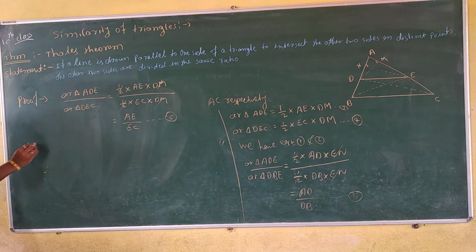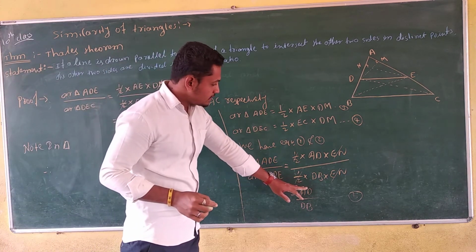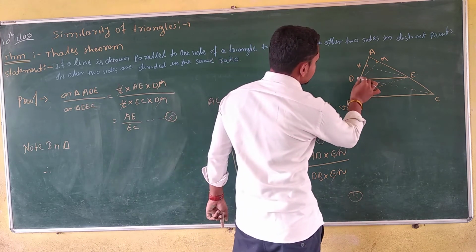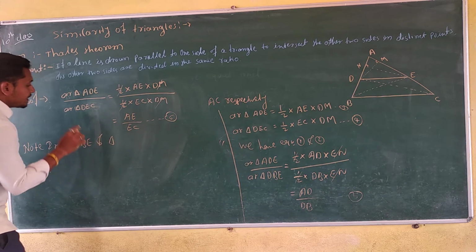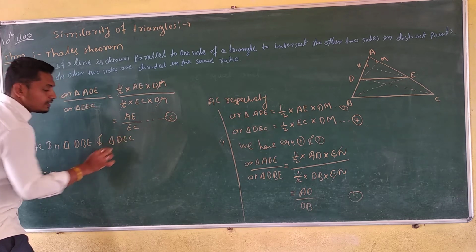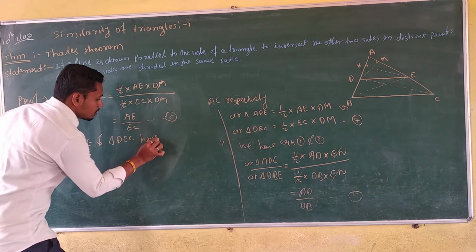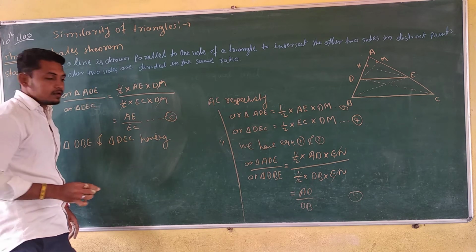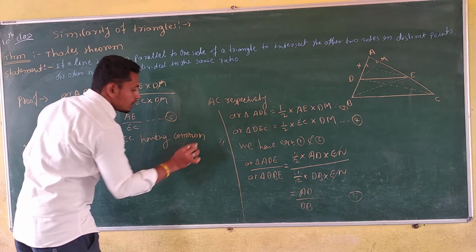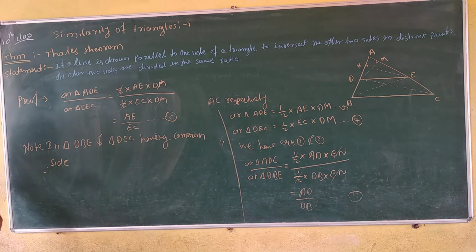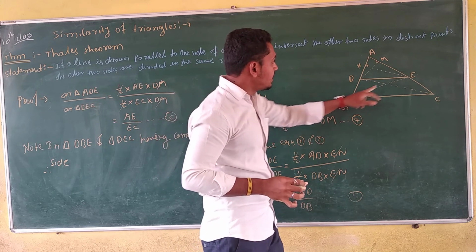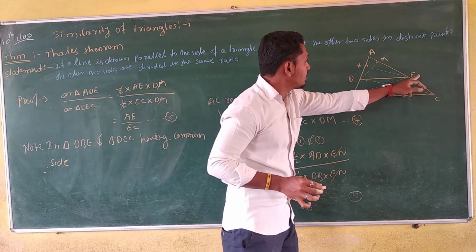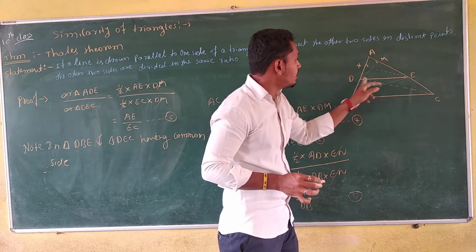So note that triangle DBE and triangle DEC have a common side, DE. How is it here? DBE and DEC have DE as the common side.